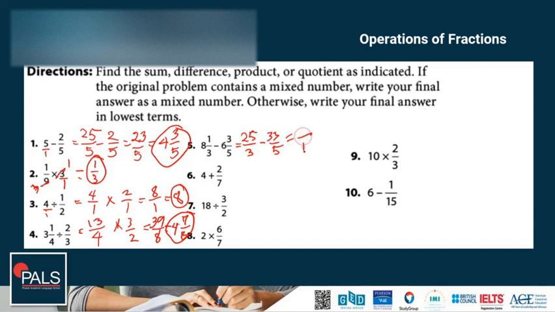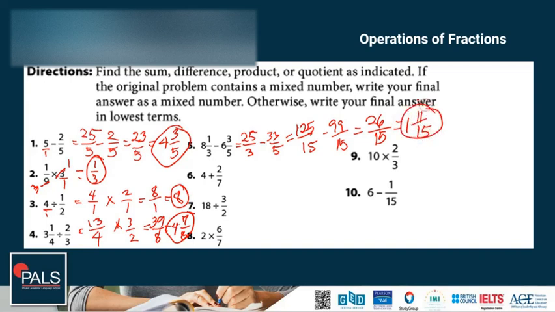So this is 125, because 5 times 25 is 125, minus 3 times 33 is 99 over 15. So the answer is 125 minus 99 equals 26 over 15. Then change back to mixed number, 1 and 11 over 15.